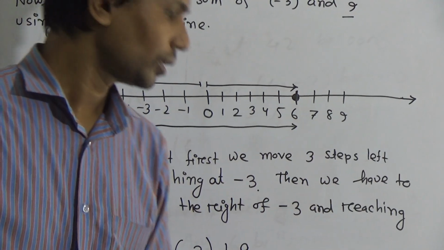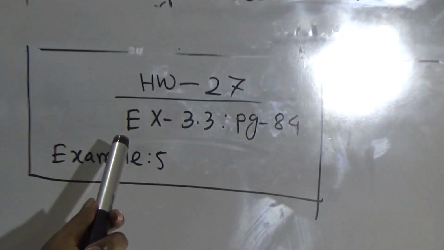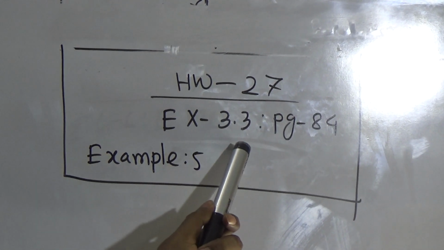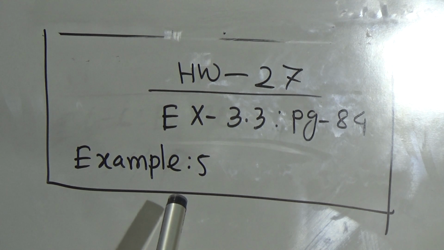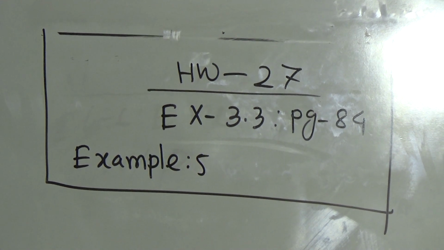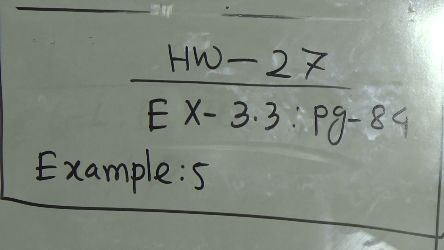Dear student, now I want to talk with you about our SW topic. SW is exercise 3.3, page 84, example 5. This is the solution in your book. You practice from your book, and that math is similar to today's CQ.